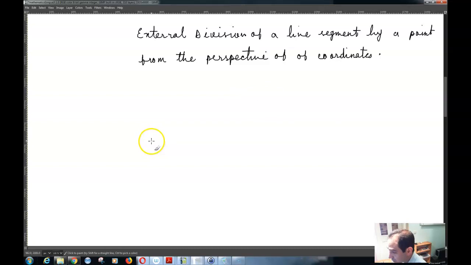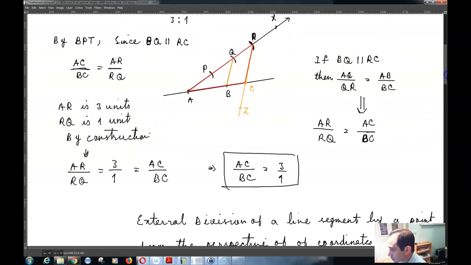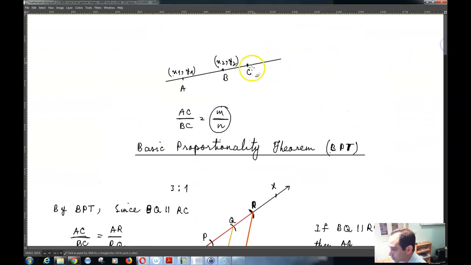Now what that means is that, of course, I did make a mistake over here. I started with the assumption that we had the coordinates of the point A and the coordinates of the point B and the ratio of these two distances, and then we wanted to find the coordinate of C, which was actually not what we did over here.